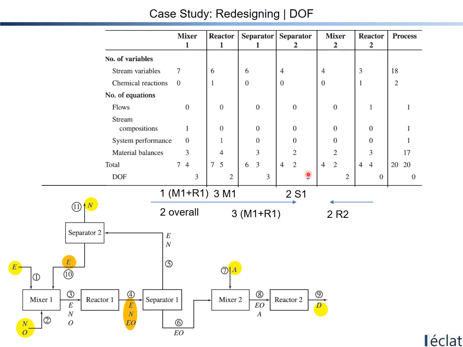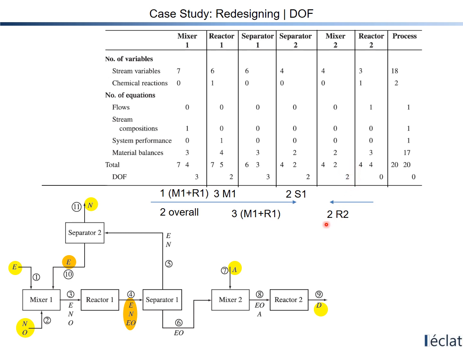So let me go to reactor 2 first, because the degree of freedom of reactor 2 was 0. So we know the values related to reactor 2. So D, of course, which is the basis, and also EO and A in stream 8 were known. So by using those two more pieces of information, you can solve the problem, because mixer 2 had a degree of freedom of 2.